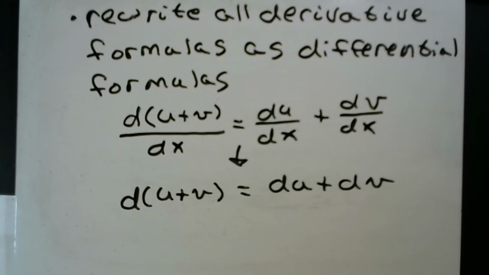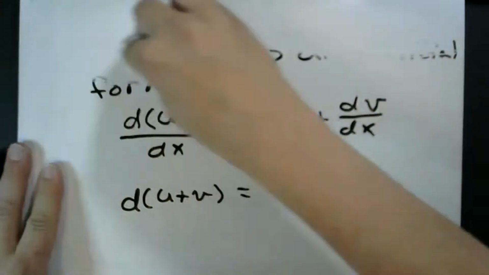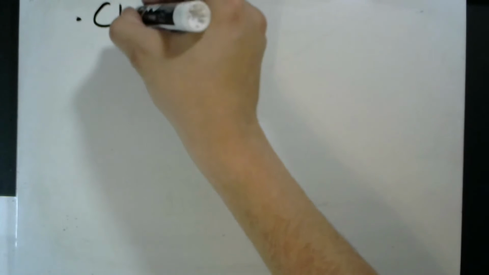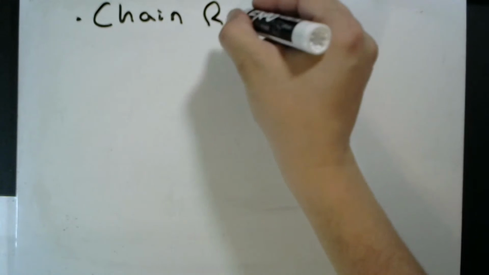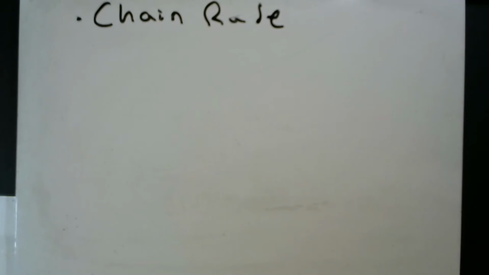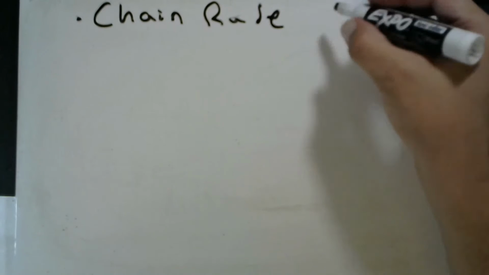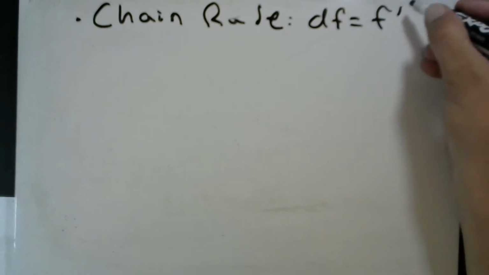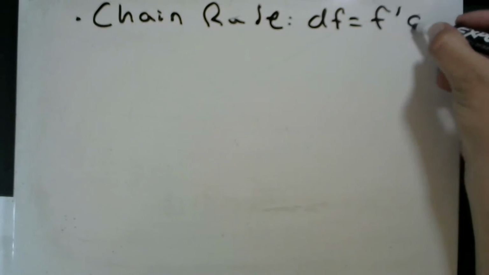So another one that's going to come out, this is a little peculiar, I want to show you this one, is with the chain rule. So for the chain rule, we want to keep in mind that df is f prime dx.